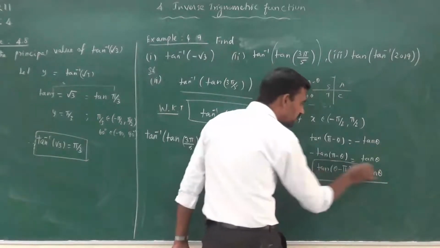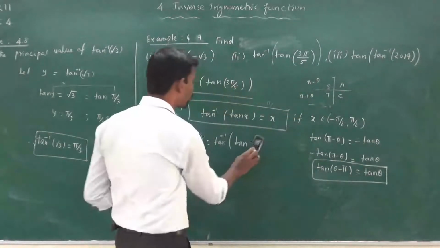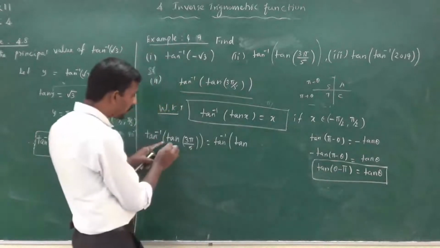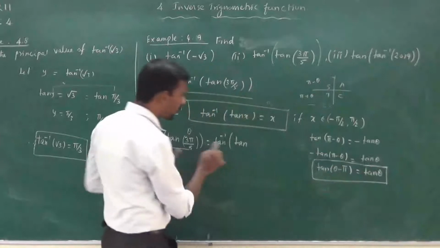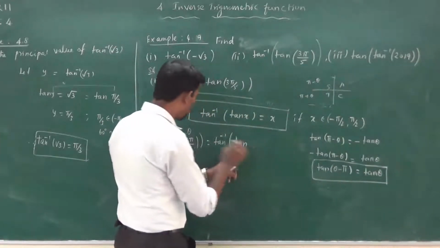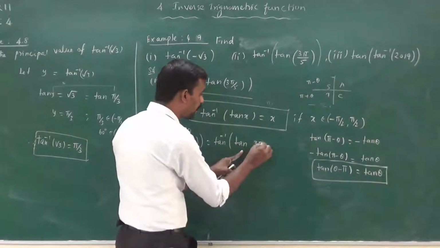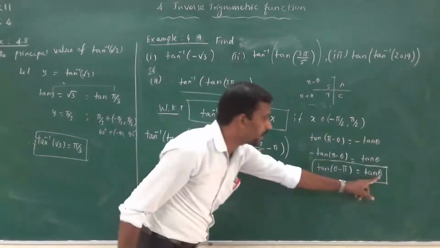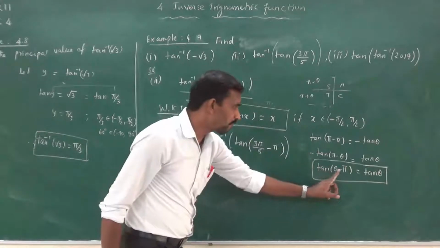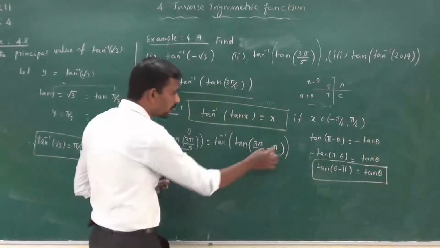Now we are using the relation, right? Now you see tan of theta. What is theta here? 3 pi by 5 minus pi. So tan theta, we can write as tan of theta minus pi. So now it is simplified.